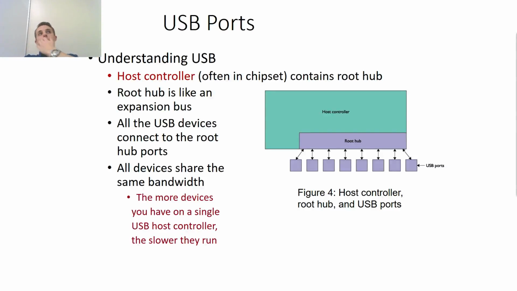Okay, so the way USB works inside your computer is you can think of the ports on your computer kind of like a USB hub that you would normally plug into one port outside your computer. So each pair of ports is like a hub, and those two ports share the USB bandwidth available.